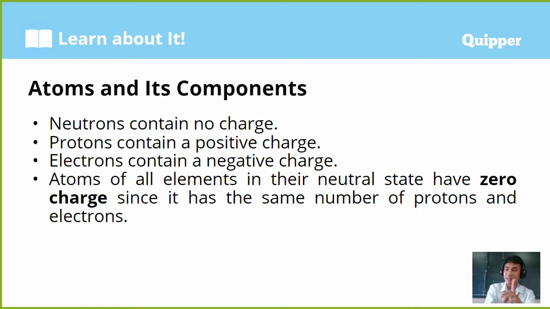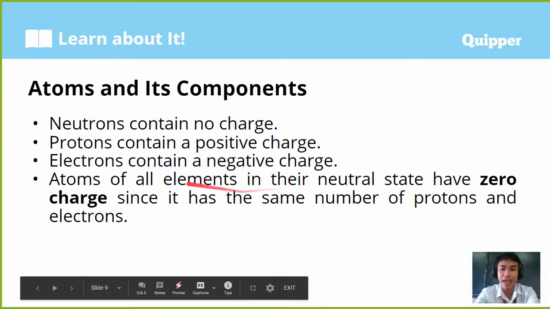Remember class, atoms of all elements. How many elements do we have? As of now, we have 118, the naturally occurring and the synthetically or laboratory-made elements.